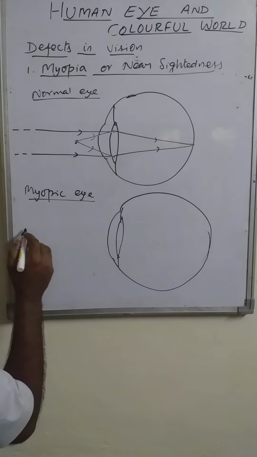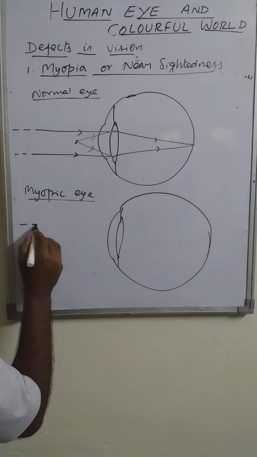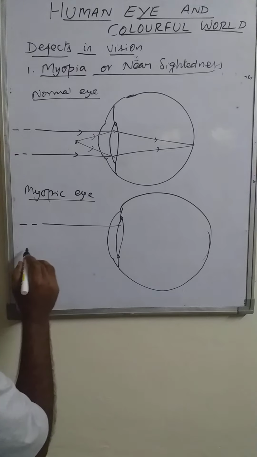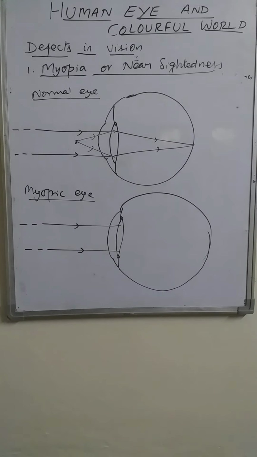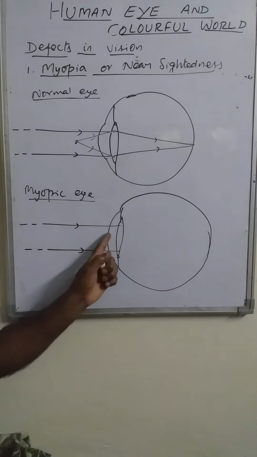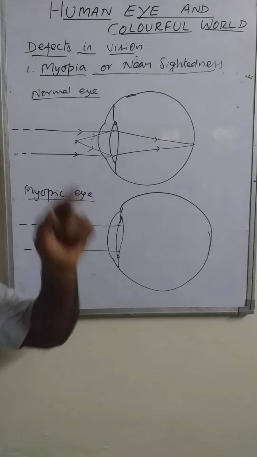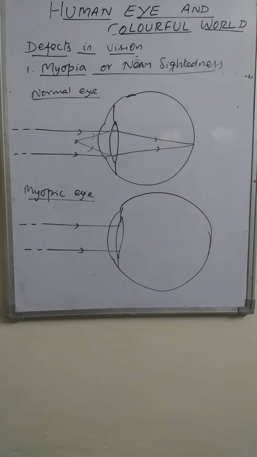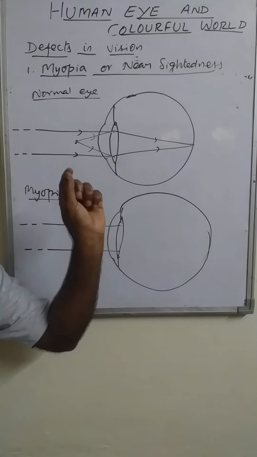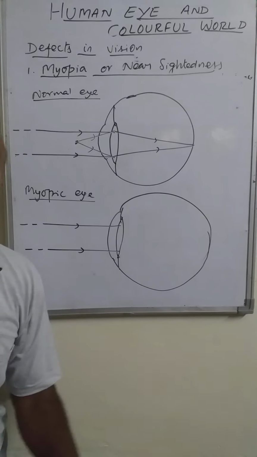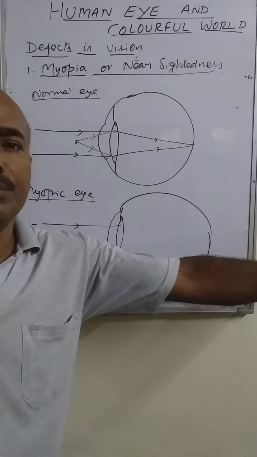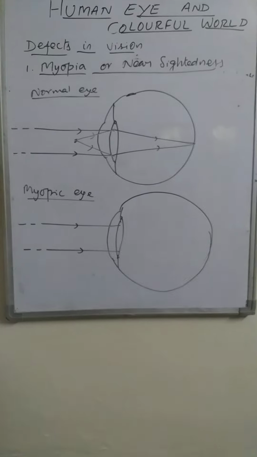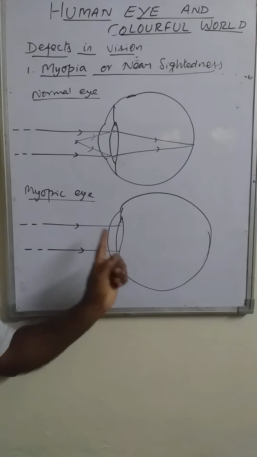Because when the light rays are coming from infinity, to see the object at infinity, these light rays must meet at retina. But by practice, what happened to this eye lens? The focal length of eye lens is decreased because we practiced for that. By putting the screen of computer nearer to us, the focal length of eye lens is decreased.